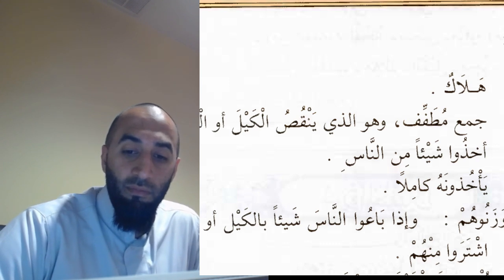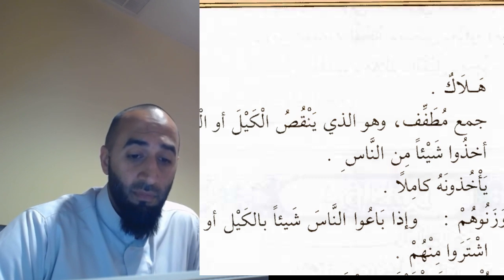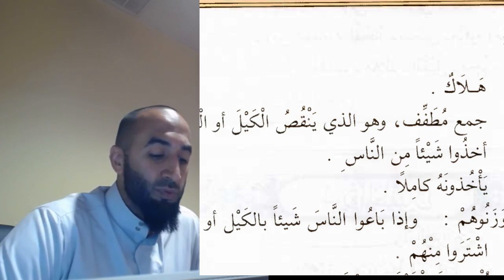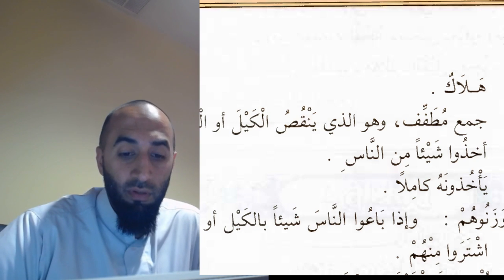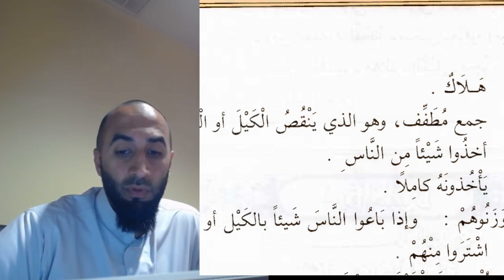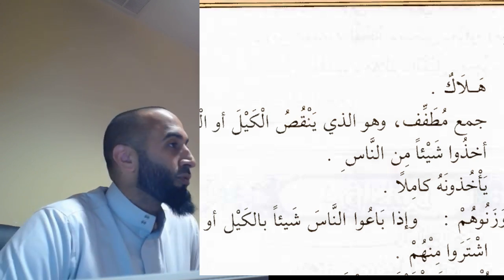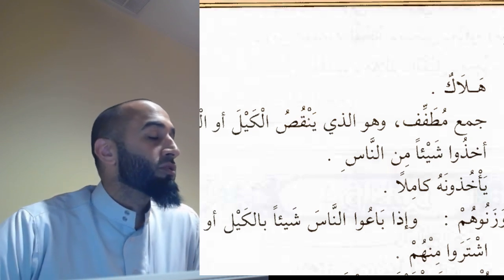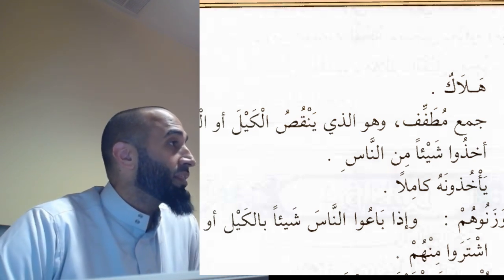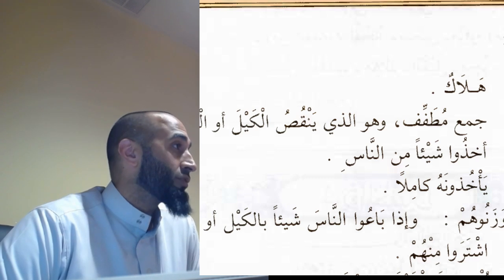اكتالوا على الناس, أخذوا شيئا من الناس. Do the next word as well. يستوفون is يأخذونه كاملا. Okay, so the surah goes ويل للمطففين الذين إذا اكتالوا على الناس يستوفون.